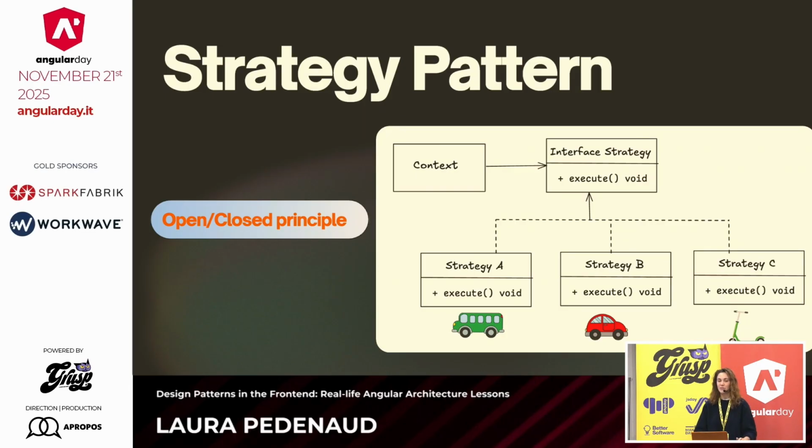To implement this, you have a context, then you have an interface that implements some strategies, and then you can choose between the strategies. Each time you added a new routing algorithm, the main class of the navigator doubled in size if you add an if cases file.